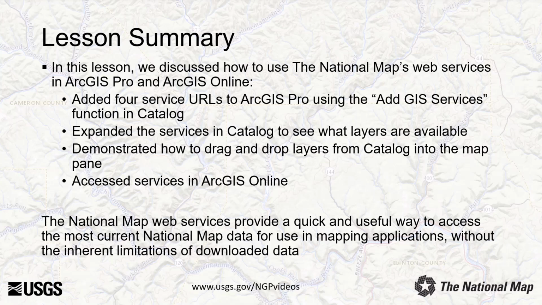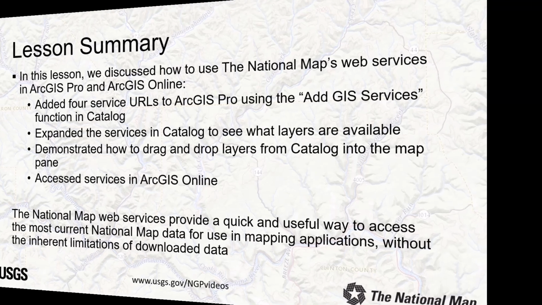We also accessed services in ArcGIS Online. The National Map web services provide a quick and useful way to access the most current national map data for use in mapping applications, without the inherent limitations of downloaded data.